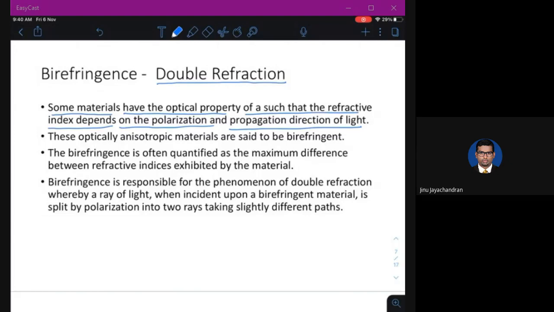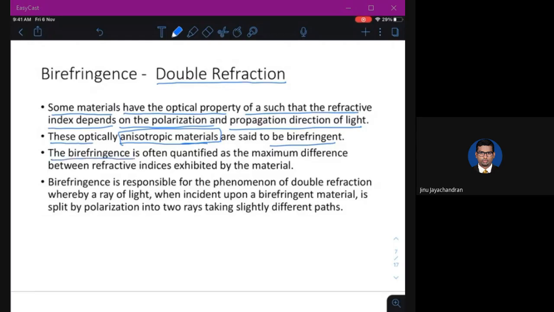These optically anisotropic materials are said to be birefringent. The important thing is that all these materials are anisotropic, so they will have different refractive indices in different directions. Depending on the polarization of the light being passed, the refractive index will change, and it will cause something called birefringence.